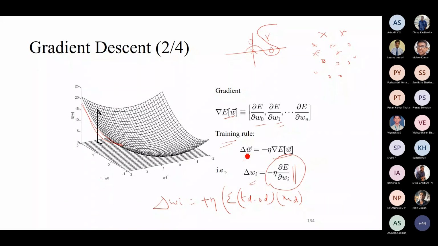The change of weight vector, delta W, will be minus eta into delta of E of W. There is a minus sign here because it will try to converge; the value keeps decrementing, that is your basis. So each delta Wi is defined as minus eta into dou E by dou Wi. If you substitute for delta E of W, each of your delta Wi will be minus eta into dou E by dou Wi.